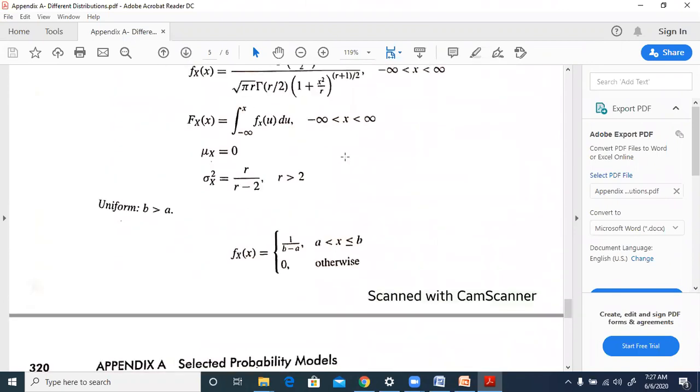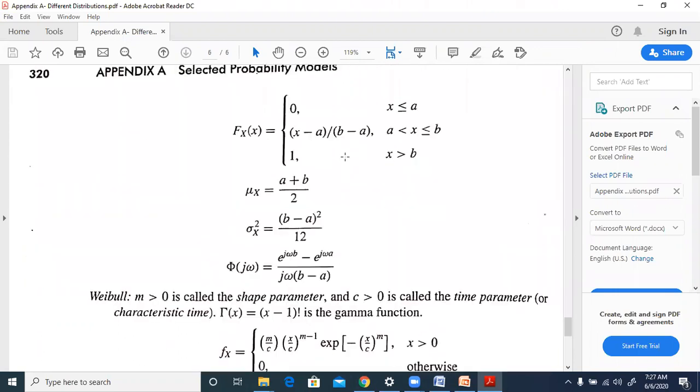Okay, the uniform distribution is like this, with μx equal to (a plus b) by 2, that is (0 plus 1) by 2. Here it is (1 minus 0) whole squared by 12, that is again 1 by 12. And you can definitely find the characteristic function also, because b is 1 and a is 0, so it will be (e to the power of jωb minus 1) divided by jω(b minus a), and b minus a is 1 itself.